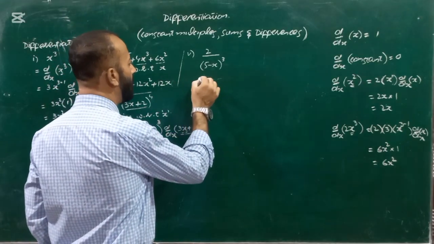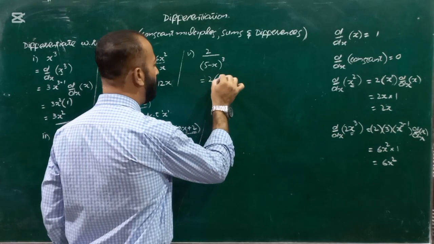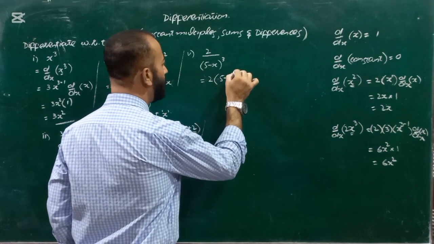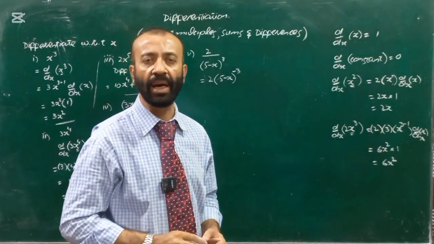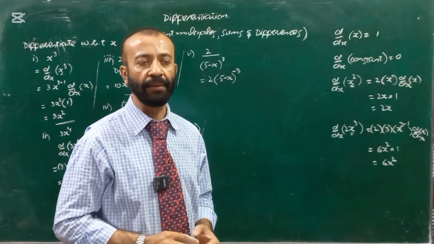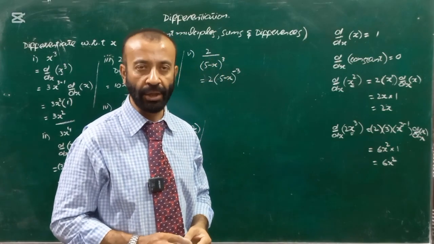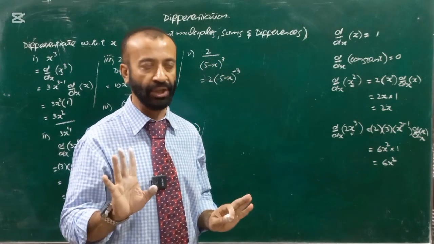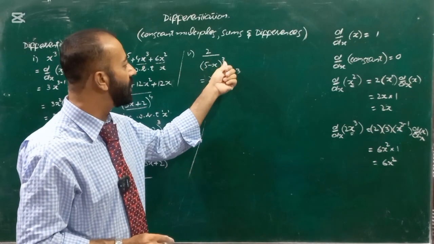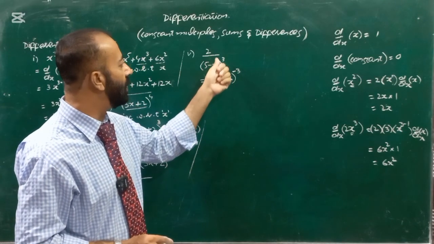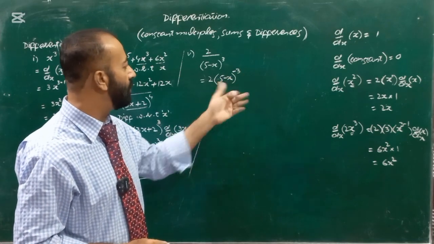We will write this as 2 into (5 minus x) raised to the power minus 3, because we have learned a rule from algebra that whenever a value goes from numerator to denominator or from denominator to numerator, the power sign will be changed. If in the denominator 5 minus x is having a power 3, when it goes to the numerator, the power will become minus 3. So this is the question now.